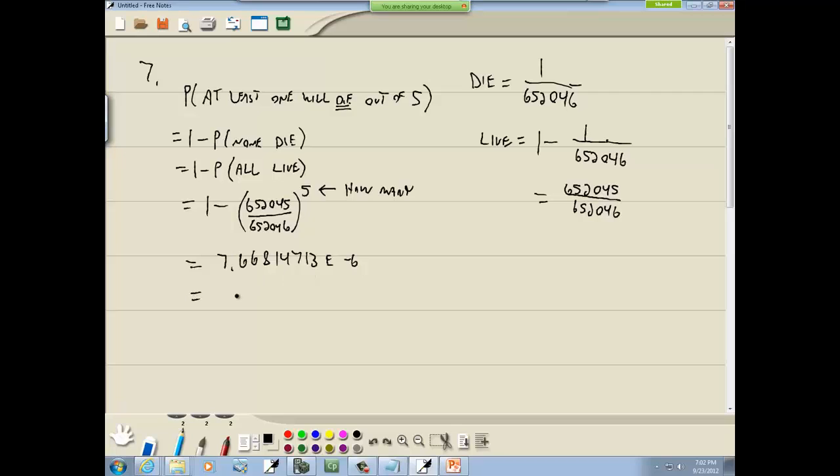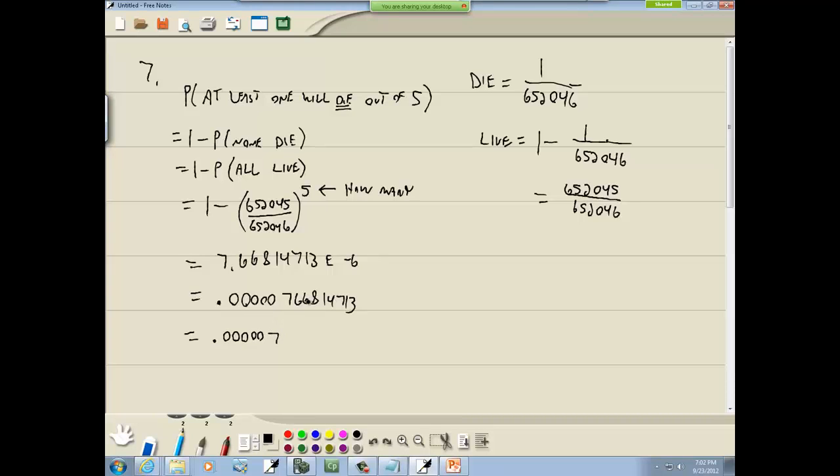This is the problem with rounding to 4 decimal places. This e to the negative 6 means I move my decimal 6 places to the left. So I'd have 0.000007668147 13. If I were to round this to 4 decimal places, it'd be 0. Probability would be 0. I'm going to take it out more.